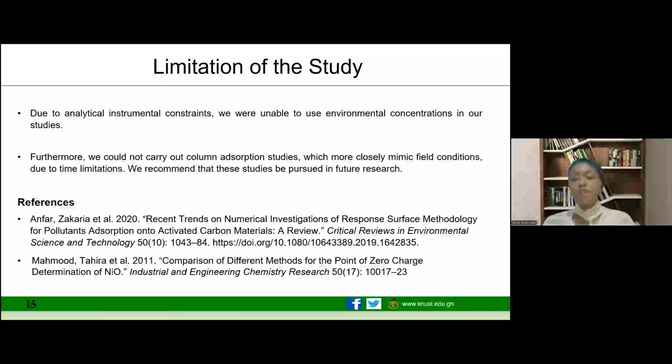We rather used milligram per liter, but we believe that these results can be extrapolated to those concentrations. Furthermore, we couldn't carry out the adsorption study which mimics the real life wastewater treatment system due to time limitations. So we'll be looking at these in our future studies.